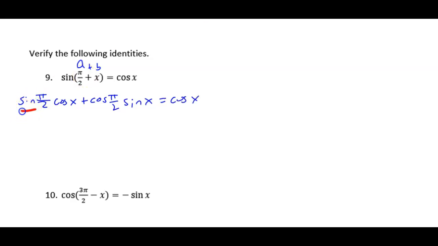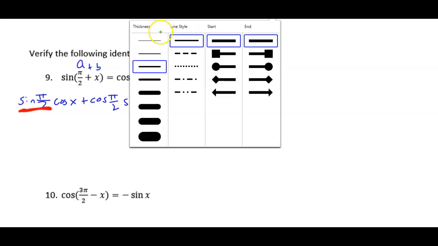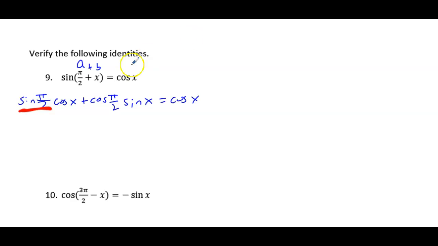Now, remember this right here. We can look at our unit circle. Alright, sine of pi over 2. If you remember what pi over 2 is, that's 90 degrees. So that point is 0 and 1. So sine of pi over 2 is 1. So this is 1 times cosine of x. Cosine of pi over 2 is 0.